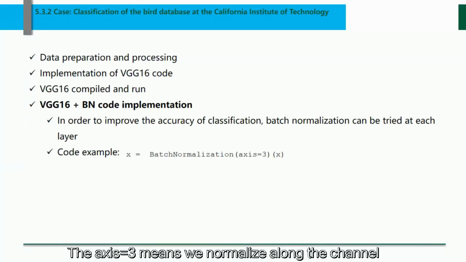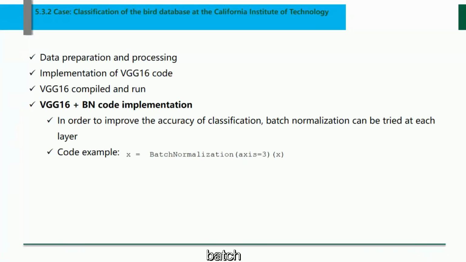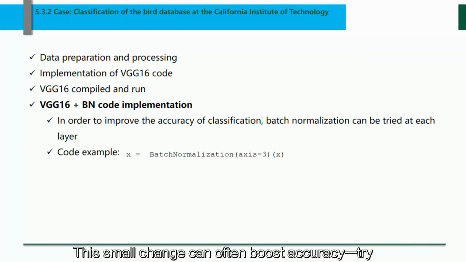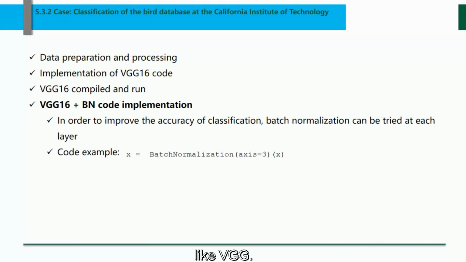The axis equals 3 means we normalize along the channel dimension, since our data is in NHWC format: batch, height, width, channels. This small change can often boost accuracy. Try it if your VGG model's performance is not ideal. It's a common trick to optimize deep networks like VGG.